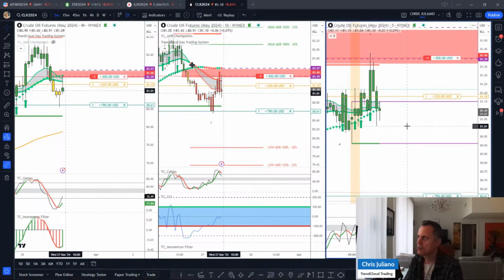It really is all about those base hits. How do we rack up more base hits? Well, that's exactly what TrendCloud was built for. It was built to show you all the players who hit those base hits.